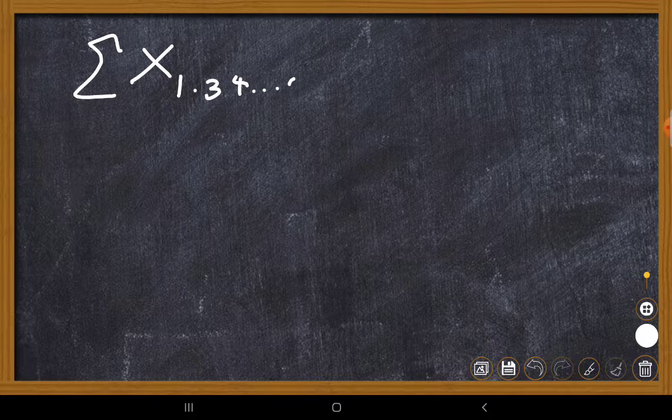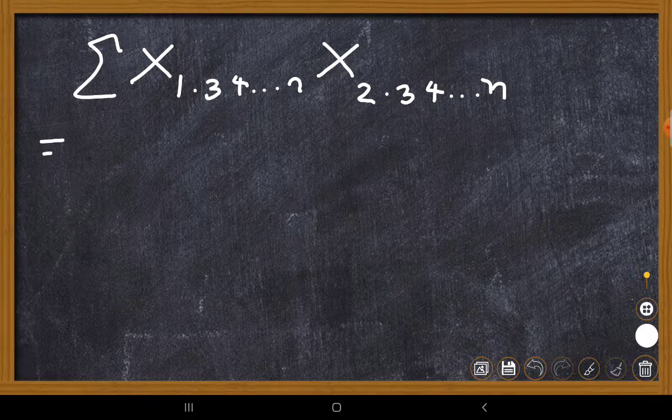x1.34 up to n into x2.34 up to n. Here the secondary subscripts are same, but the primary subscripts are different. So in order to solve this, you substitute in the same way, only the value of the first residual.